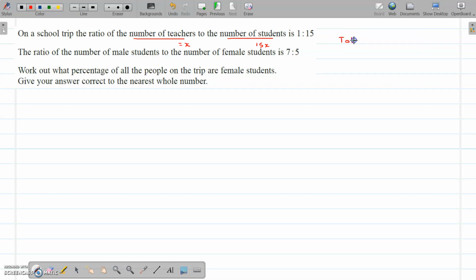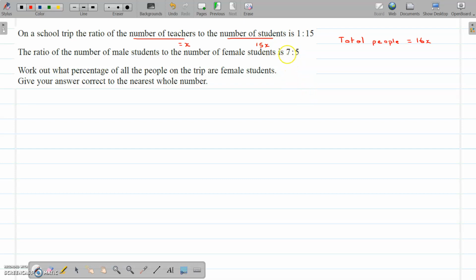It's worth just writing these things down as you go. Total people equals 16x.